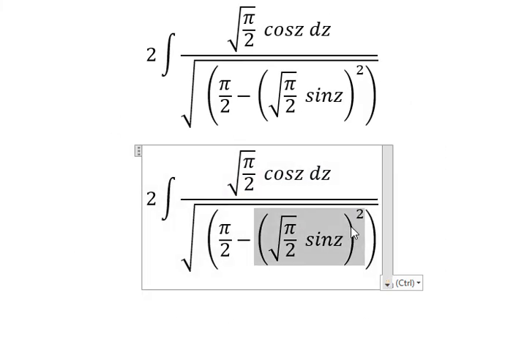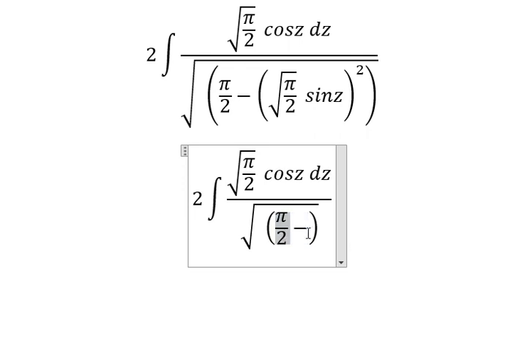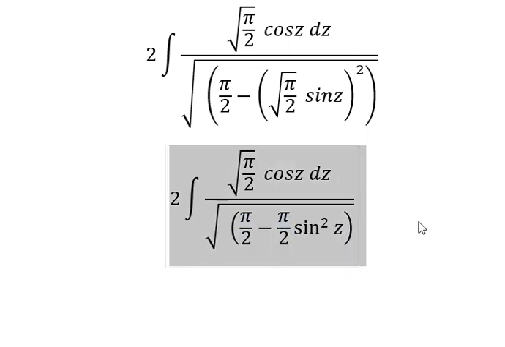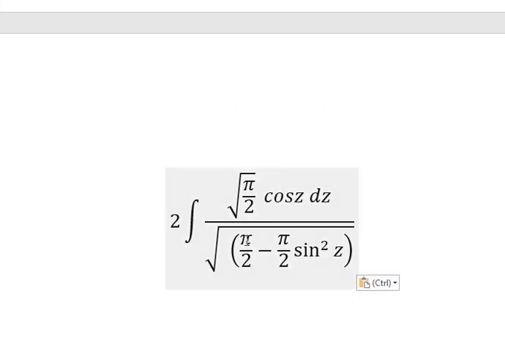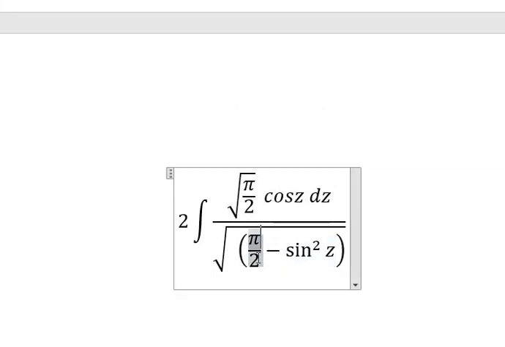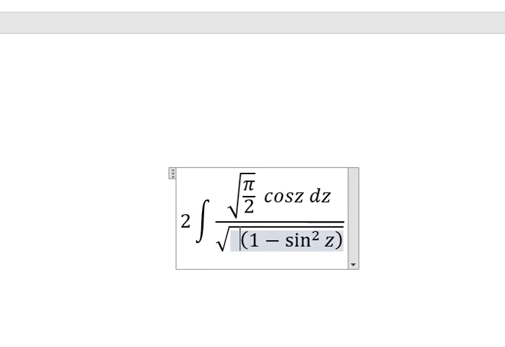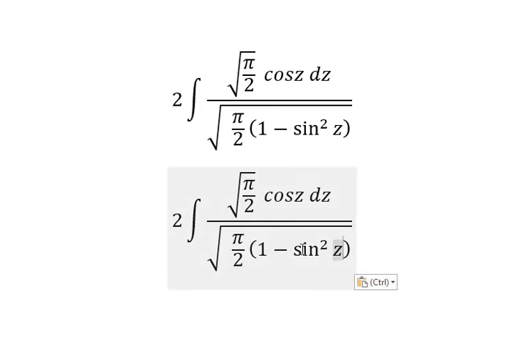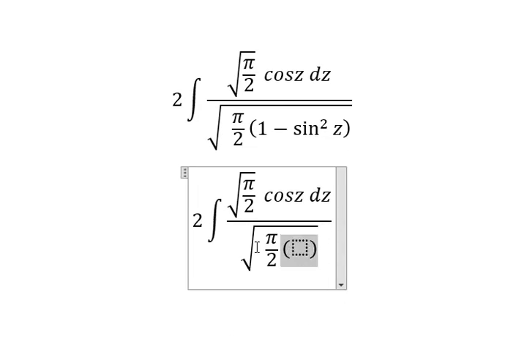So this one we have π over 2 sin z squared. So π over 2, π over 2, we can do factorization. This one we change by cosine z squared.